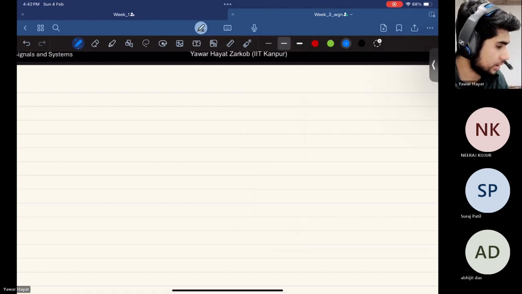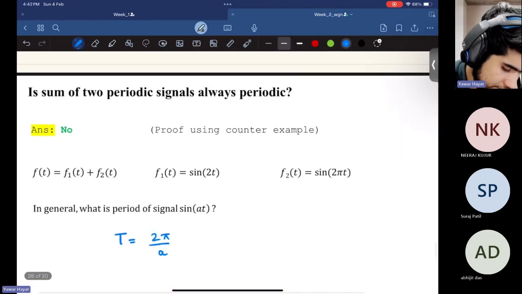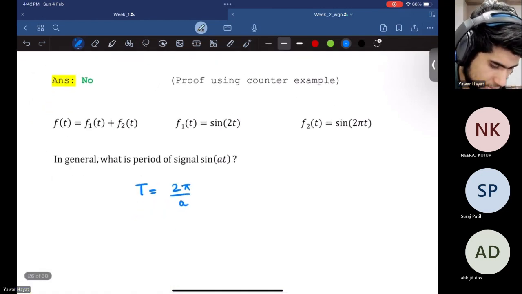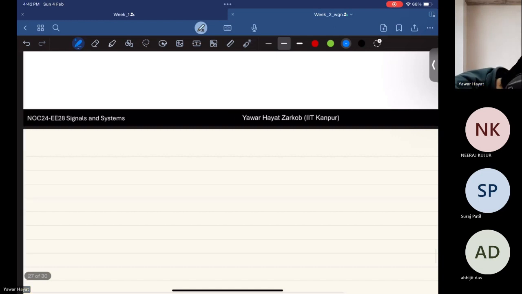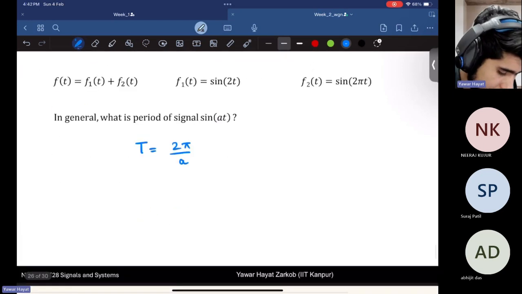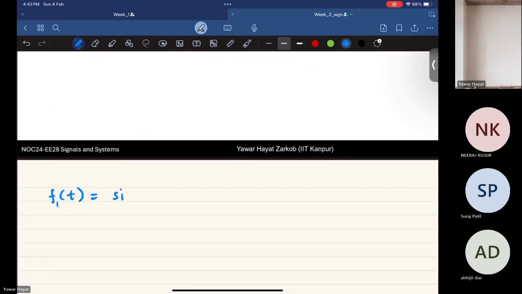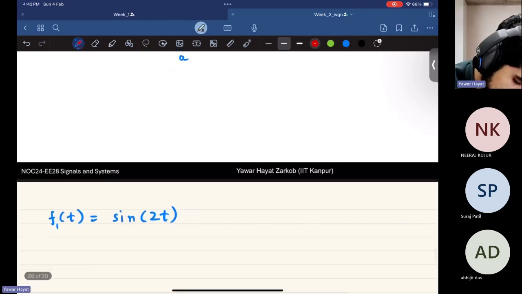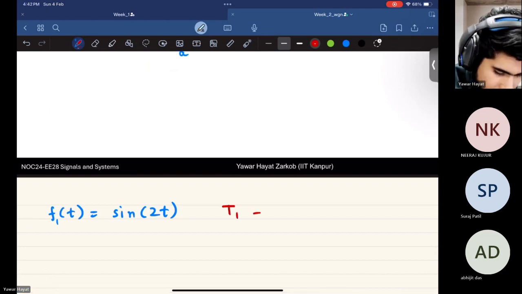Okay, so I have these signals f1 of t and f2 of t. What is f1 of t? Sine of 2t. What is the time period of this? Let me denote this by T1.